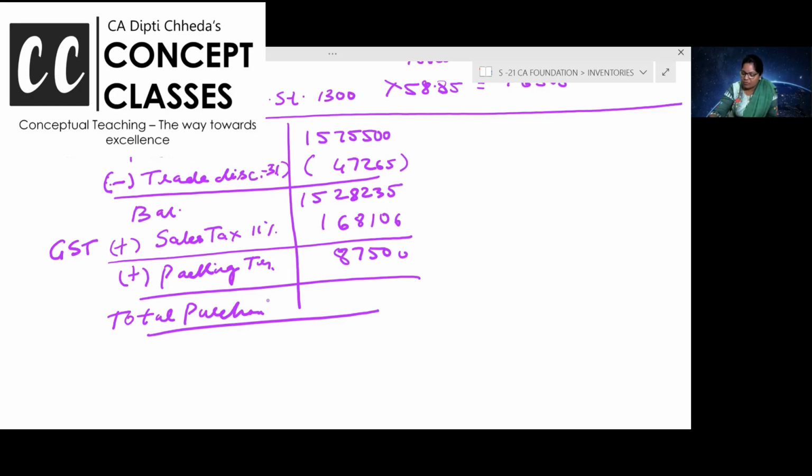1528,235 plus 168,106 plus 87. 17,83,841.